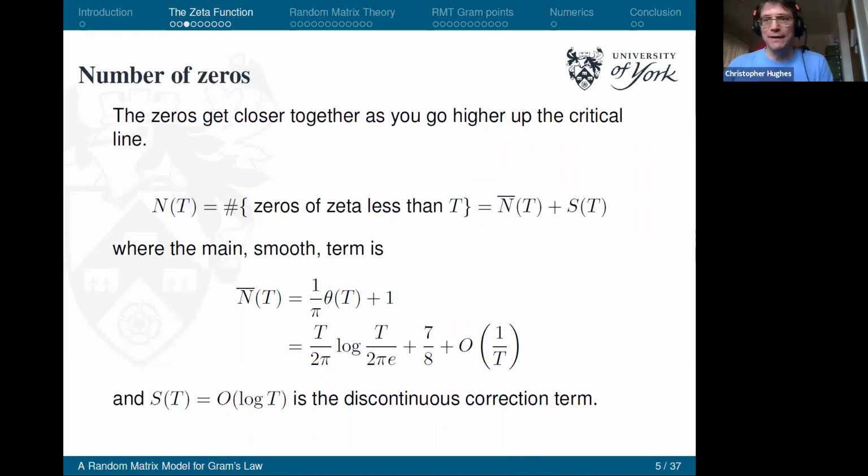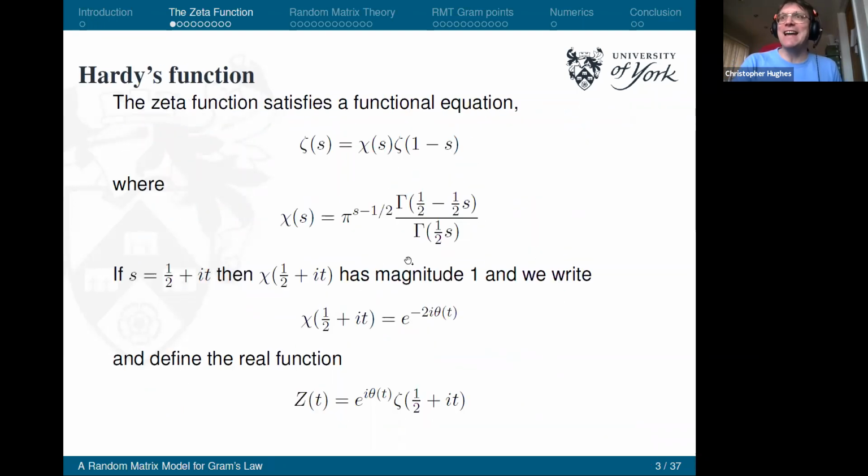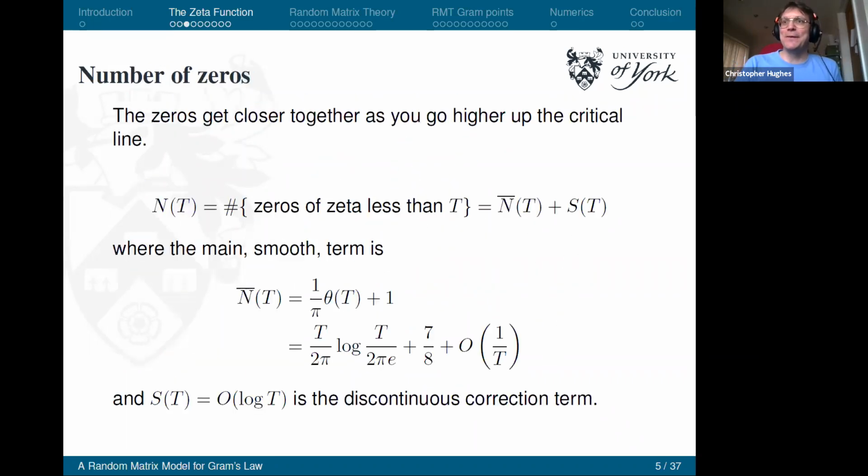Plus 1, which is there for reasons I don't want to get into. And then you can do an asymptotic expansion, Stirling's formula. This has a bunch of gamma functions in it. If you take their imaginary parts for large t, then the counting function is t upon 2 pi log t upon 2 pi e.